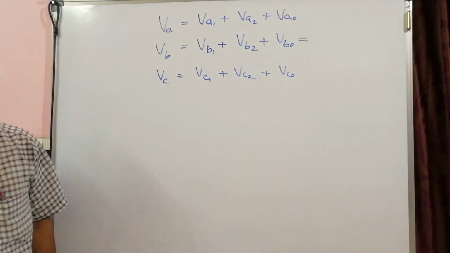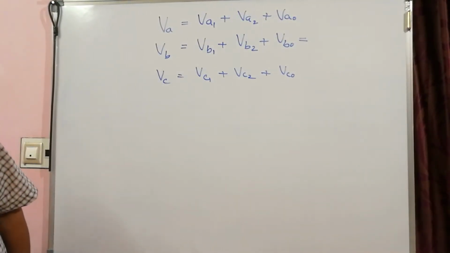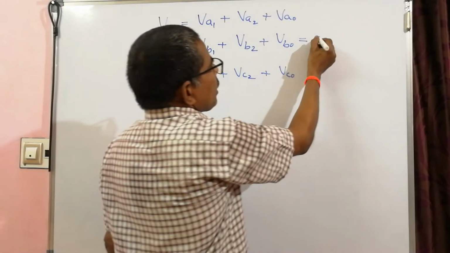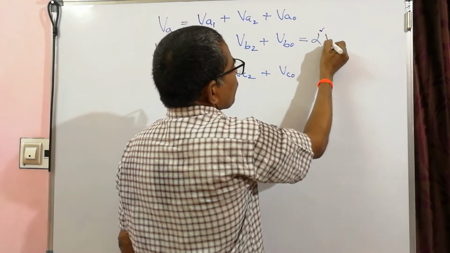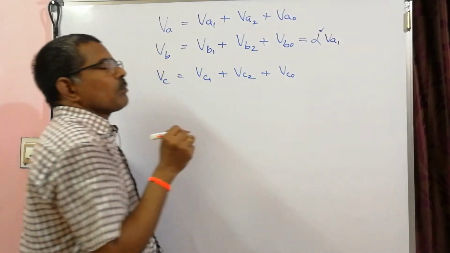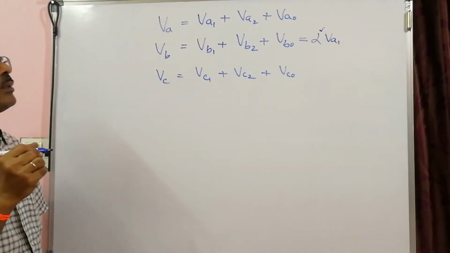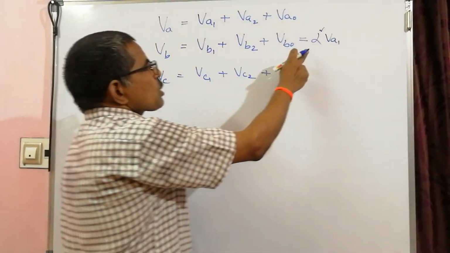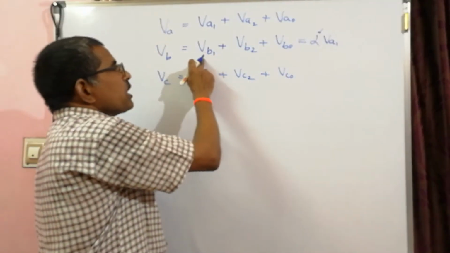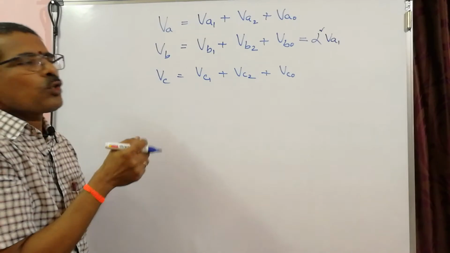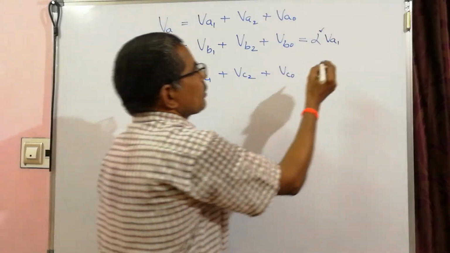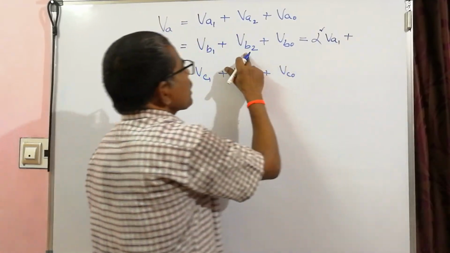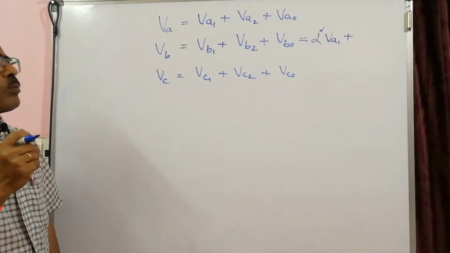What is VB1 in terms of VA1? This is alpha square VA1, is it not? VB1 is alpha square times VA1. I am representing this in terms of alpha. So, it is alpha square VA1 plus what is VB2?